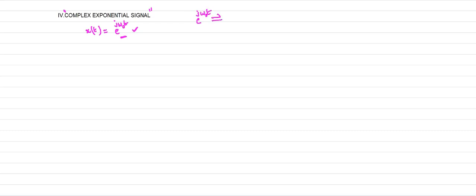Now if you observe this complex exponential signal, it is not a converged signal. Previously, if you observe, the signal is converged. That means when the time progressively increases, it drastically reduces and finally reaches the zero value. So that is the meaning of convergence.